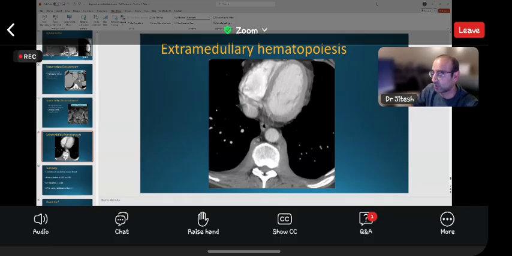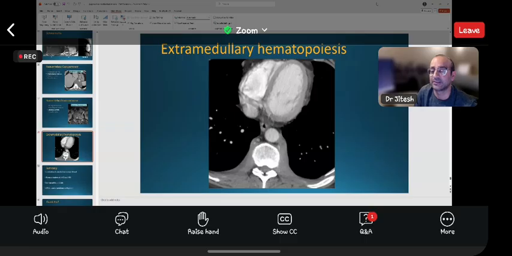Lymphoma can look very similar, or some other histiocytic conditions can look very similar. But given the patient has leukemia, and if we have previous imaging where there was nothing there, and follow-up imaging looks very stable, then it is easy to diagnose extramedullary hematopoiesis.